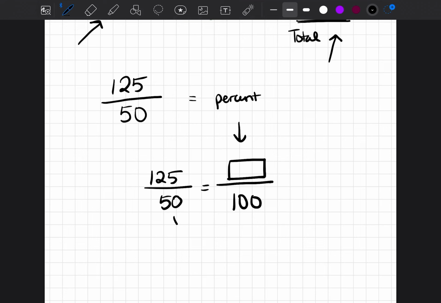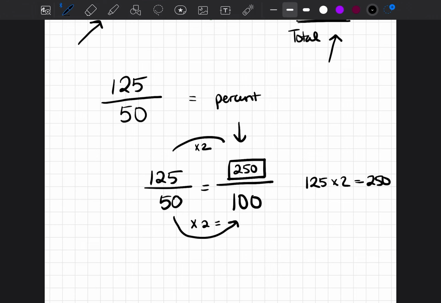So how did we go from 50 to 100? Well, 50 times 2 equals 100. Because we multiplied the bottom by 2, we multiply the top by 2. So we would do 125 times 2, which is equal to 250. So 250 would be the missing number.